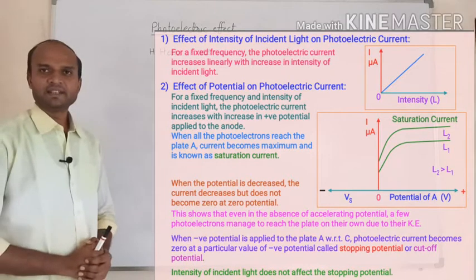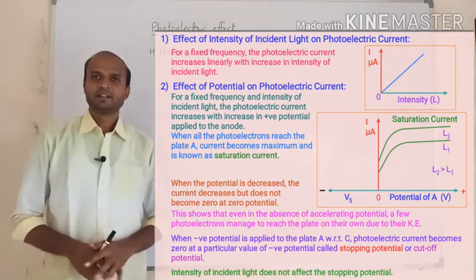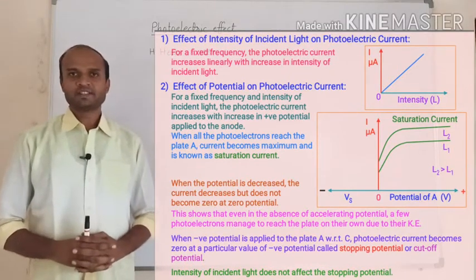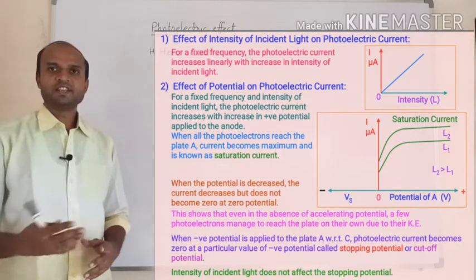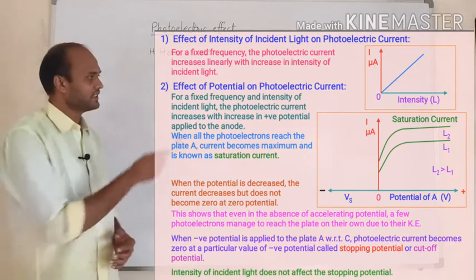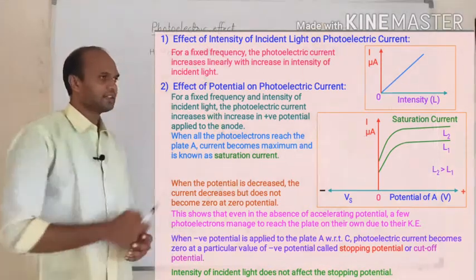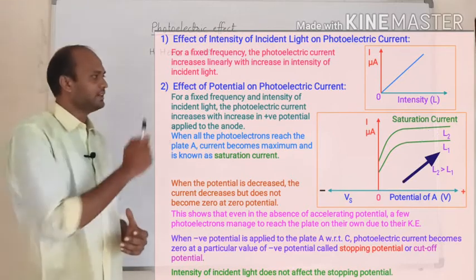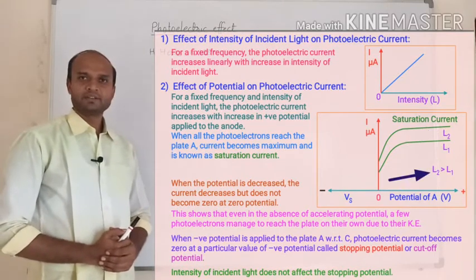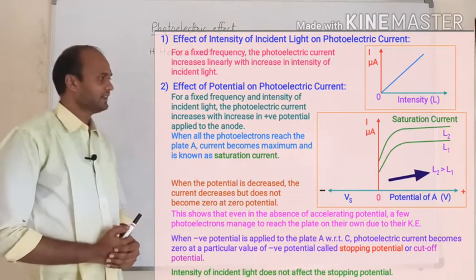The frequency of the radiation is kept constant, the same photosensitive material is used, and the intensity is changed. You can see we get two curves, with intensities denoted as L1 and L2, and L2 is greater than L1.